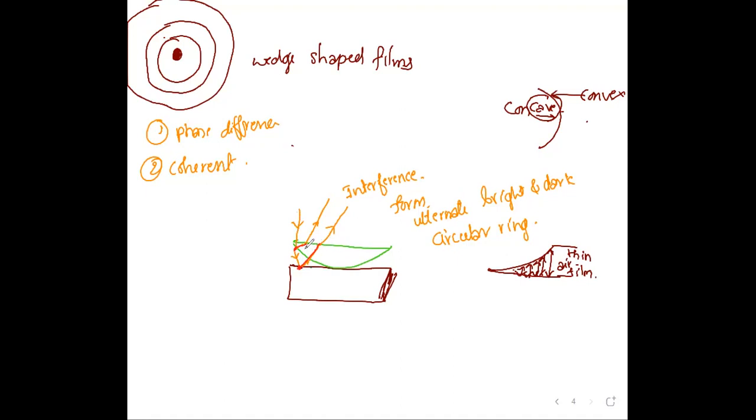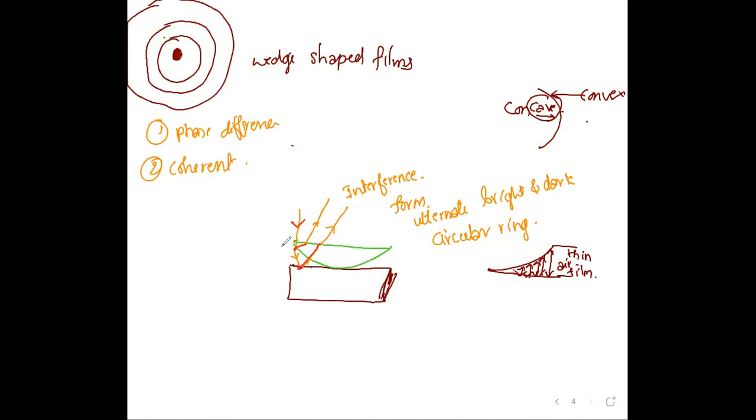So the reflected rays originate from the same source, which is why they are coherent. These two rays originate from this beam, which means this is a coherent source.